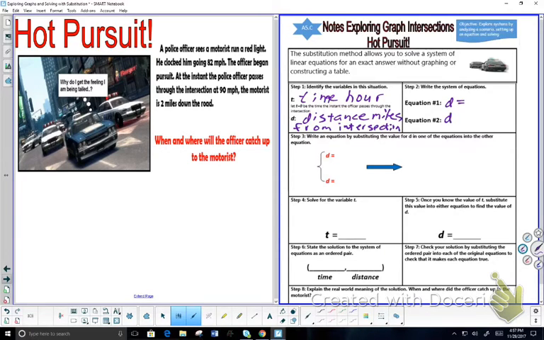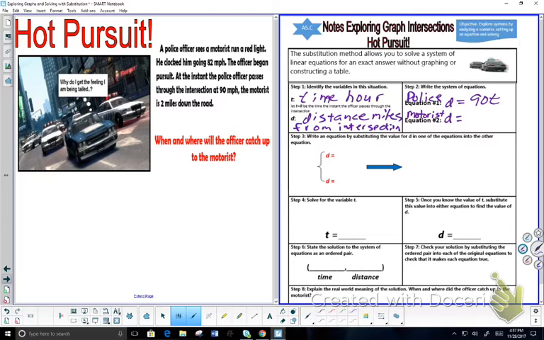It's going to be d equals in both cases. I'm going to let the first one be the police officer, and then we'll let the other one be the motorist. Okay? So the police officer at the time of 0 is actually in the intersection, which means he's no distance from the intersection, but he is traveling at a rate of 90 miles per hour.